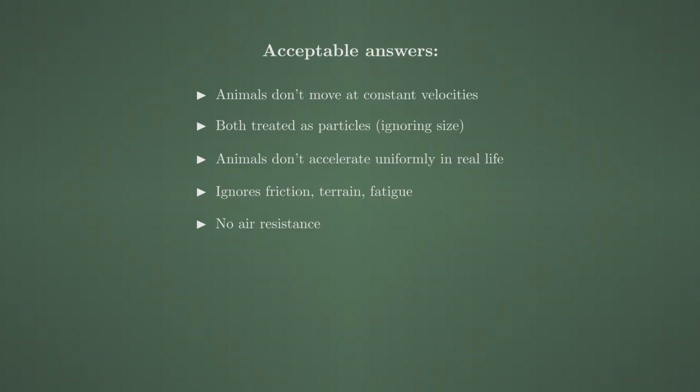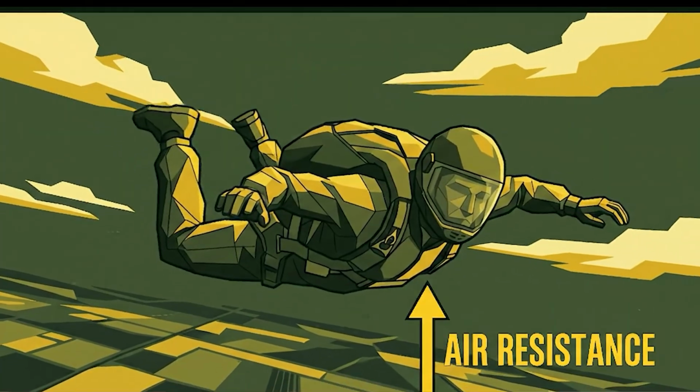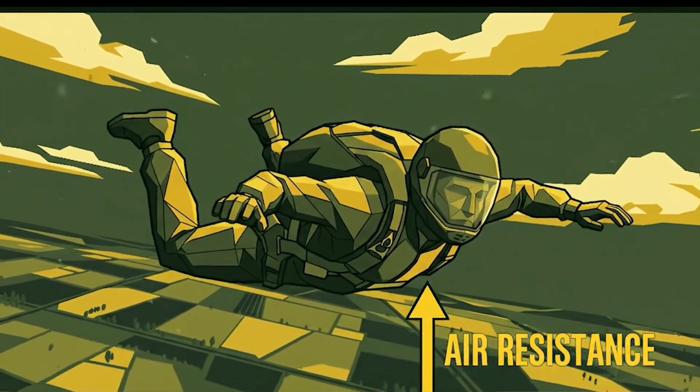So you just need to figure out what reality actually looks like and compare that to the situation that we've modeled. The classic one, say for an object falling in the air, is air resistance. At least at this level, we don't encompass air resistance, whereas in reality you obviously do.